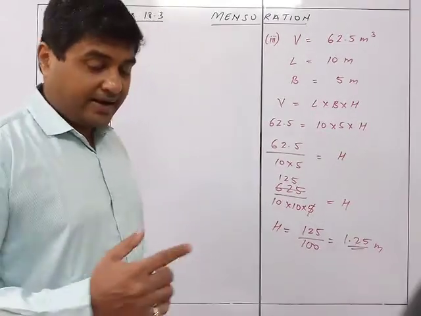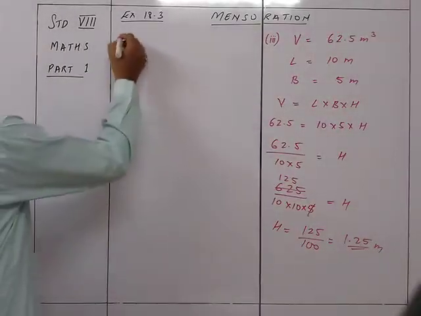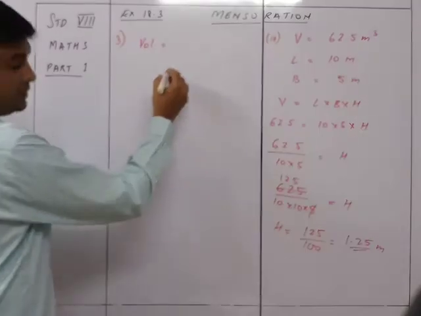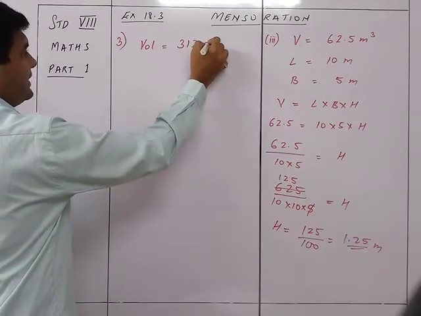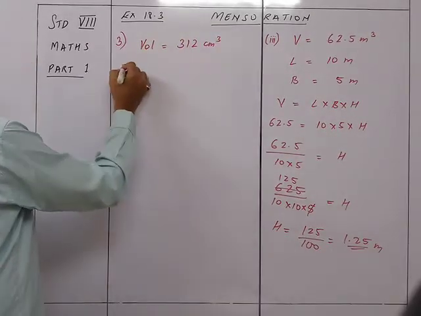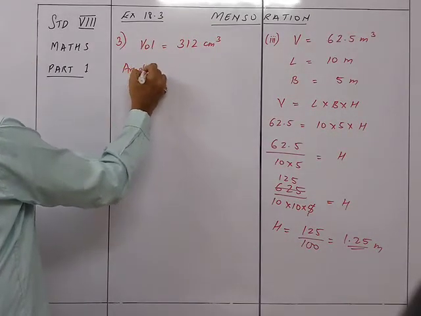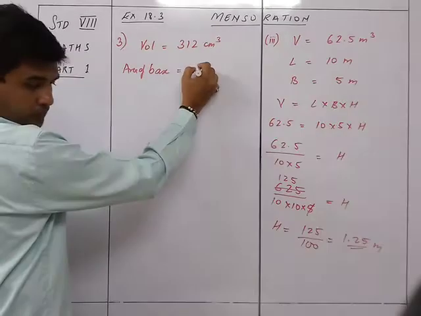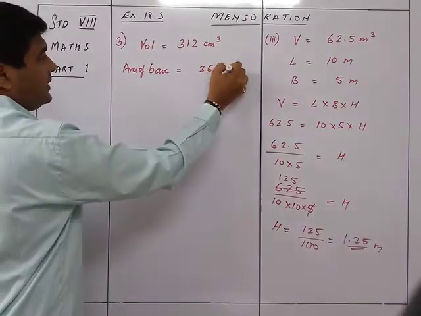So let's write the data first. So data is given as third sum, volume is equal to 312 centimeter cube, area of cross section or base is equal to 26 centimeter square.